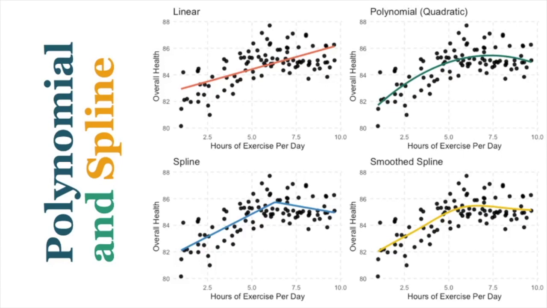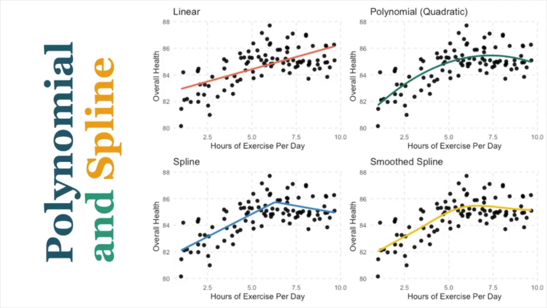At that point, increasing your exercise isn't going to help you. It's actually going to start hurting your health. So that's what our polynomial is saying right there. And we could get the coefficients out and we could find the exact effect of hours of exercise per day on overall health.